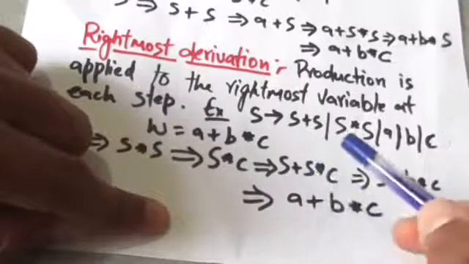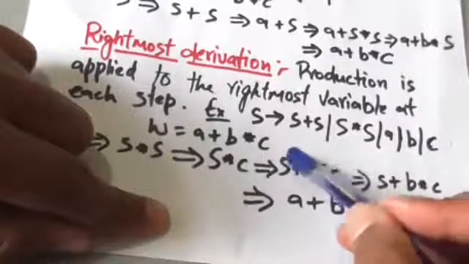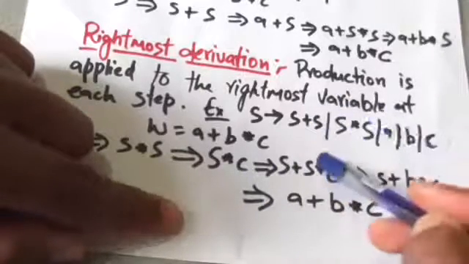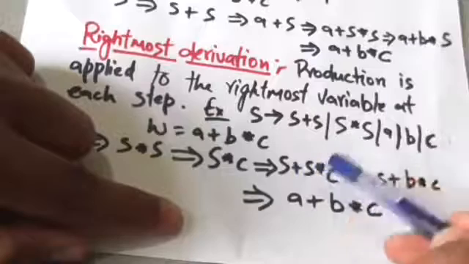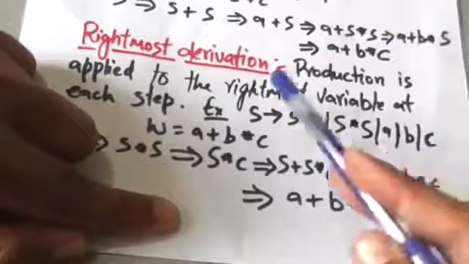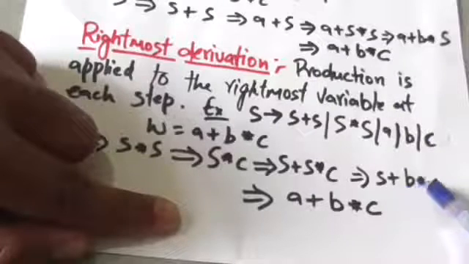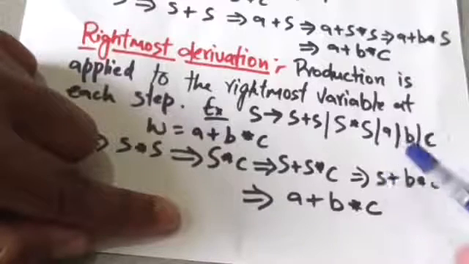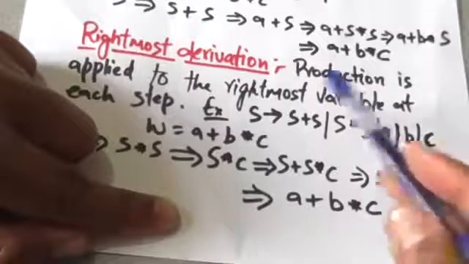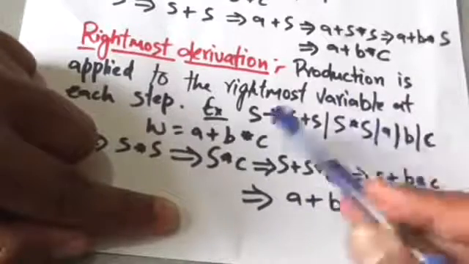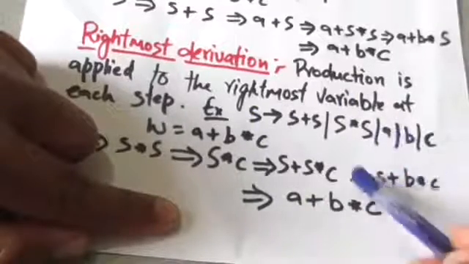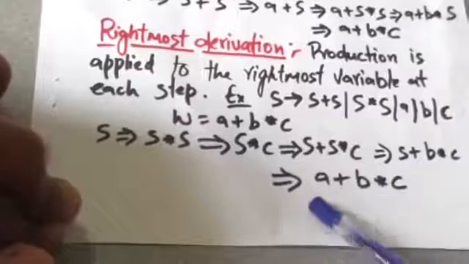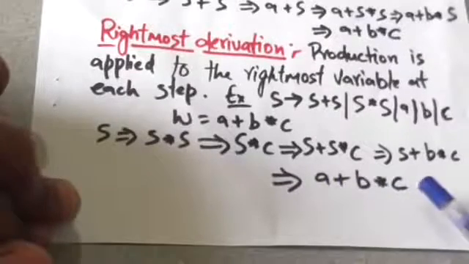Either I can apply the production rule to this S, or I can apply the production rule to this S. But since this is the rightmost derivation, I will apply the production rule to this S. Here I have applied the production rule S derives b. So this S is replaced by b. Now in this expression, I have applied the production rule S derives a. Right. So this S is replaced by a. So this is the rightmost derivation of the string a plus b into c.